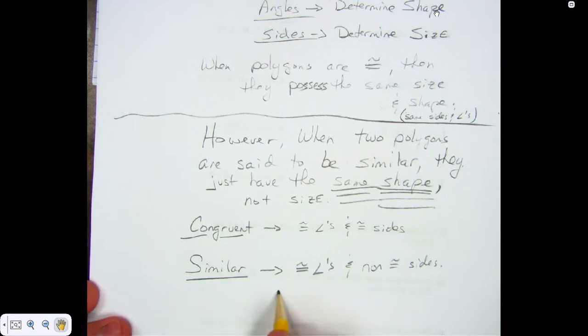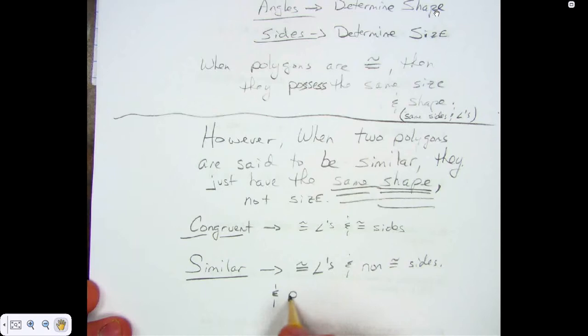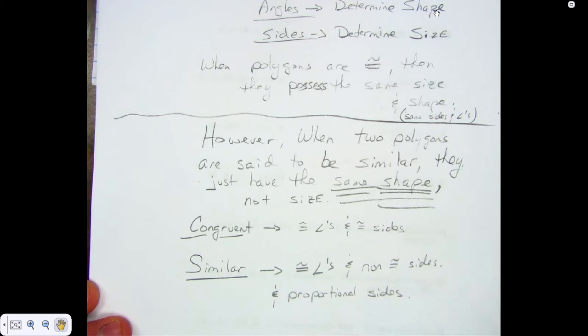And the other thing you have to remember is there's also proportional sides. That 50% that I just said to you, in other words, you made it half as big, right? That's how the sides are proportional. One is half as big as the other.